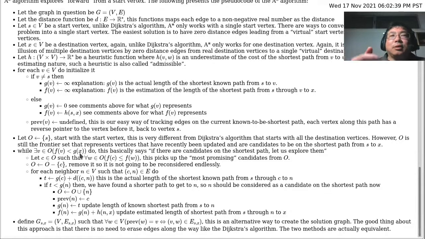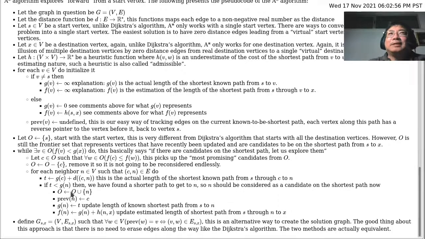And that's why those other vertices are added to O using this union operation here, because they are reachable from a vertex where we just found a shorter path.